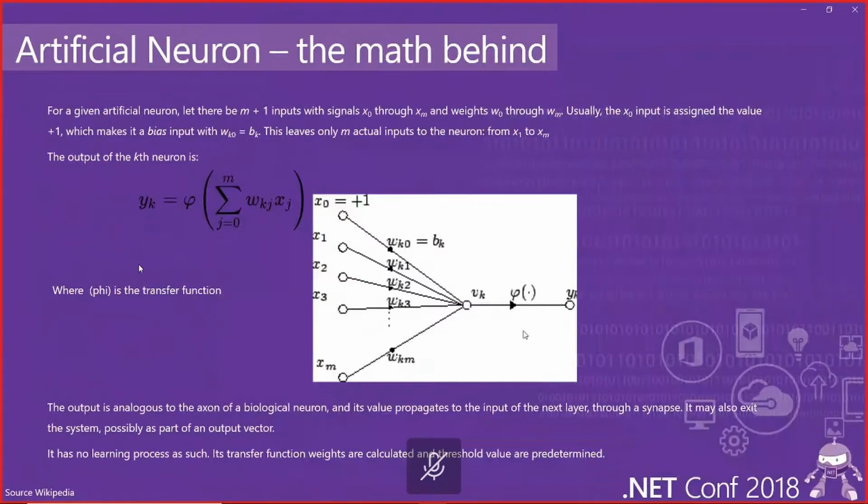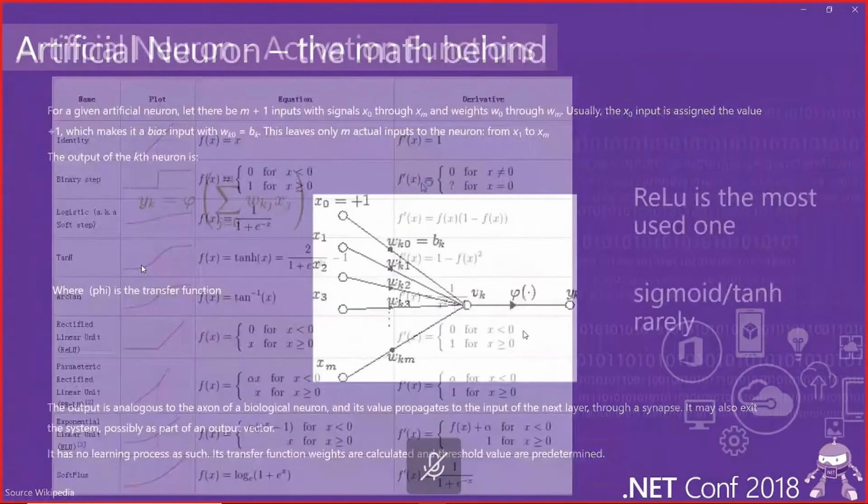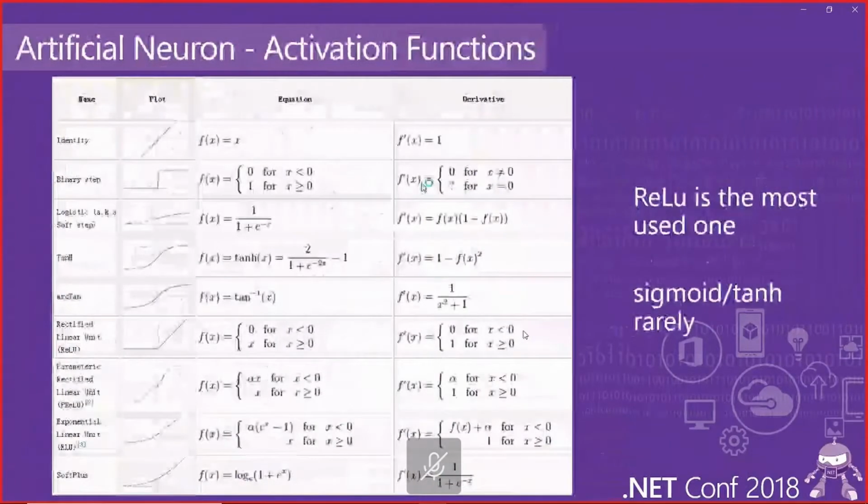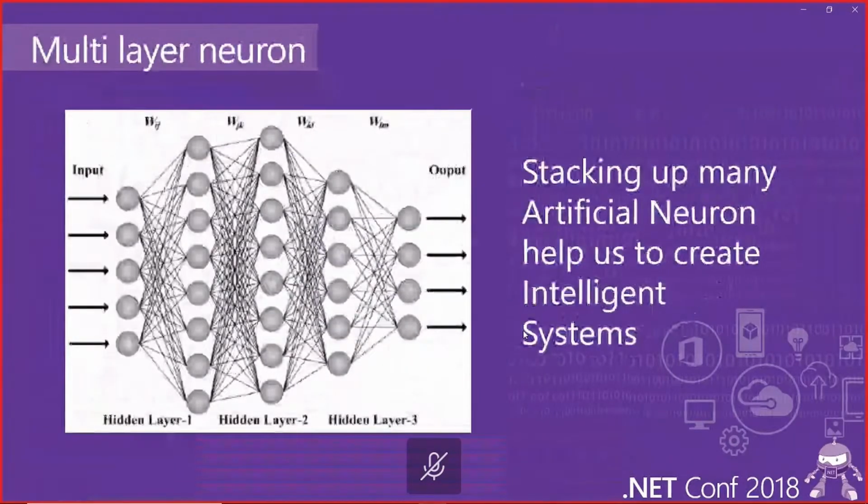Okay, let's go back to the activation function, where we were. We got the concept of a neuron. Then imagine that we can stack multiple layers of neurons, like it happens in the brain. Stacking up artificial neurons helps us create intelligent systems.